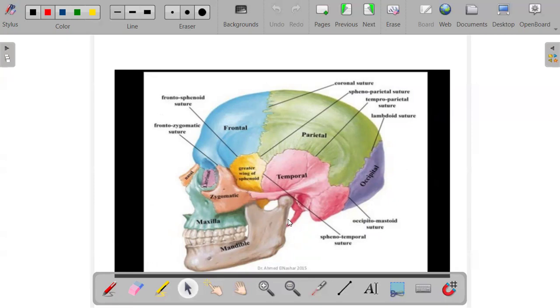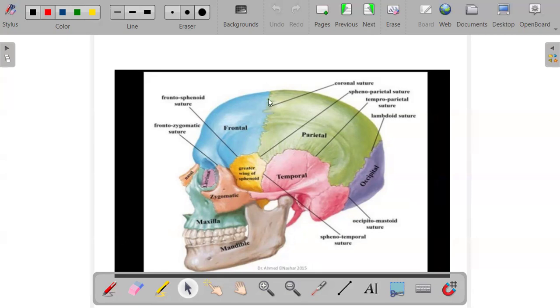So we can see the frontal bone, the parietal, the occipital, the temporal, the sphenoid. We also have the zygomatic, which is this one here, the mandible, and the maxilla, as well as the nasal bone. You can see the nasal bone right there. Then you can also see sutures. Okay, so we have the coronal suture, which we said is this one.